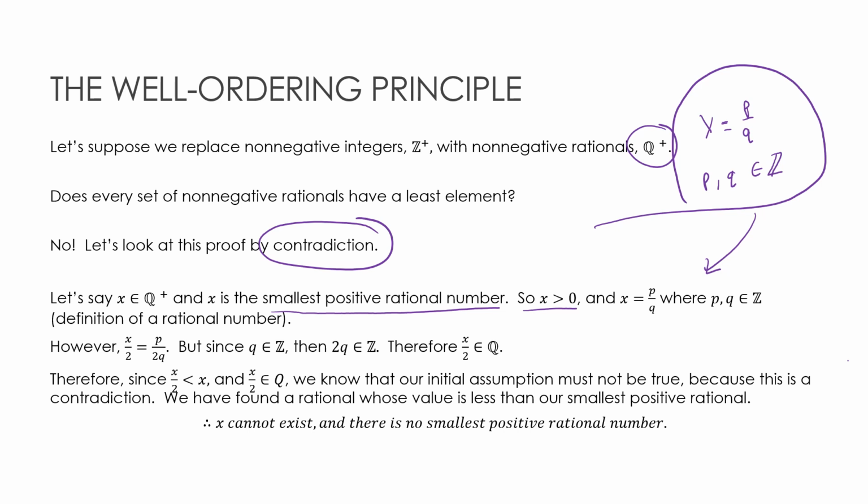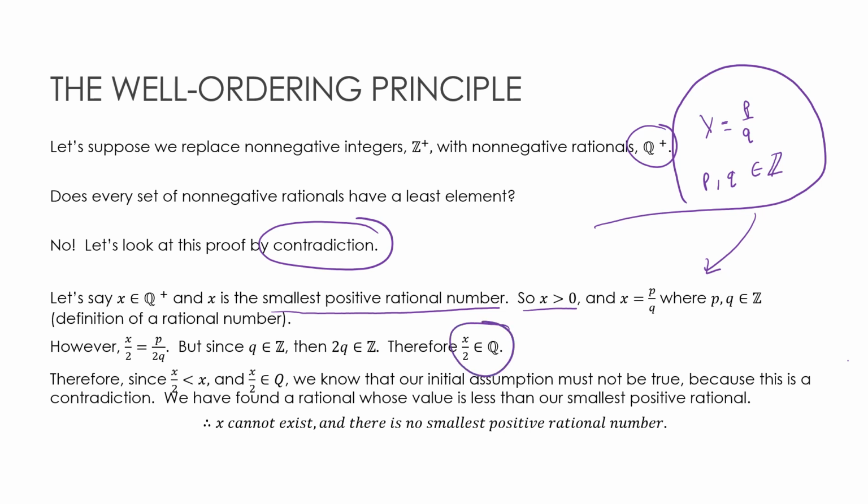Definition of a rational number. However, let's say I take x and I divide it by 2, which means I'm taking half of x. Well, half of x would be equivalent to p over 2q. But since q was an integer and p was an integer, and I'm just taking 2 times q, that's also going to be an integer. So essentially I'm dividing an integer by an integer, and that's going to be a rational number.